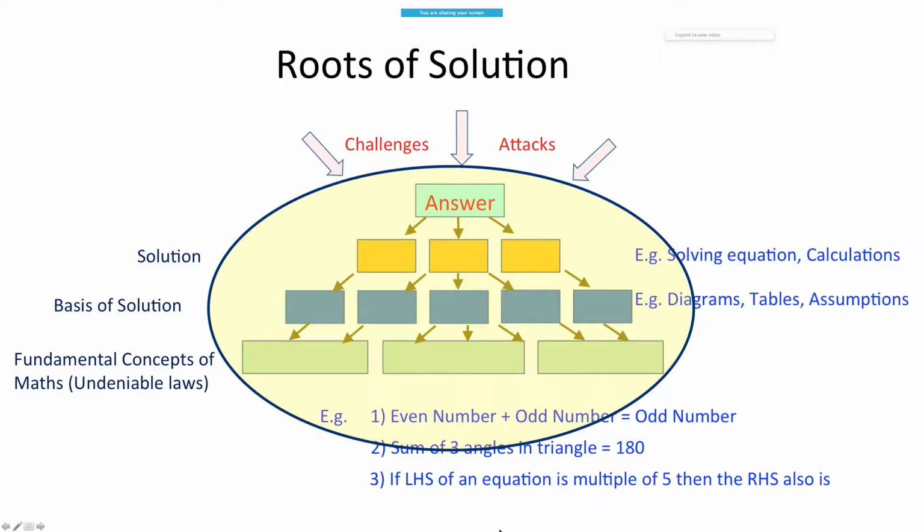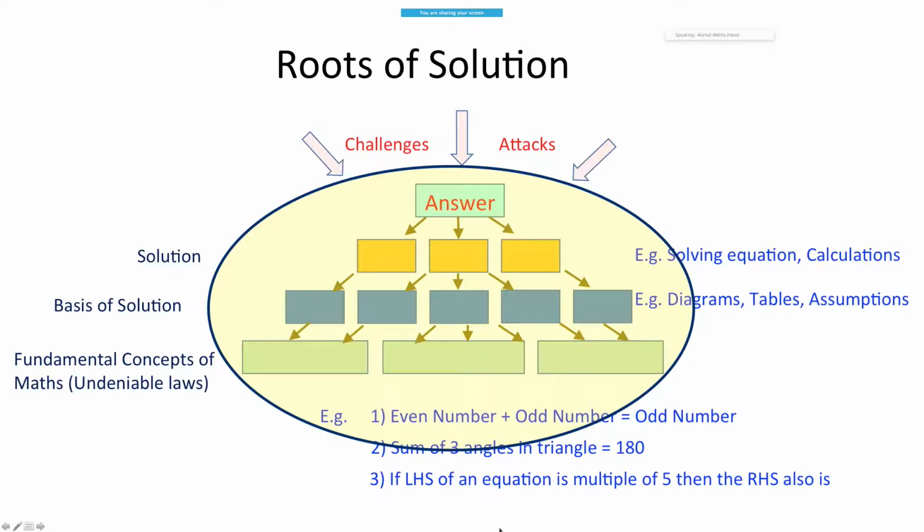And if your solution is complete, the challenge can come from any direction, for any of the steps, for any of the statements that you have made. If your answer is complete, any pressure that you face from the challenges can be brought down from the answer to the next layer, to the next layer, to the very foundational layer which is undeniable.